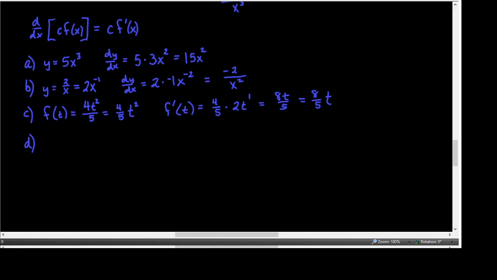Okay, y equals 2 square roots of x. Again, radicals in calculus are not necessarily our friends, and so I'm going to rewrite that immediately as 2 times x to the 1/2.